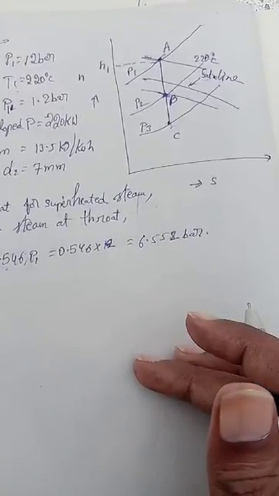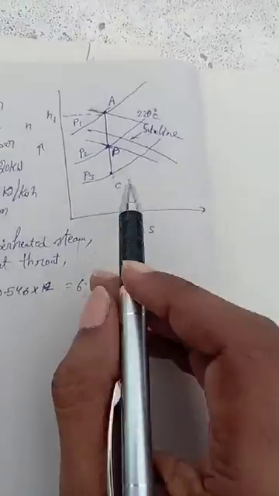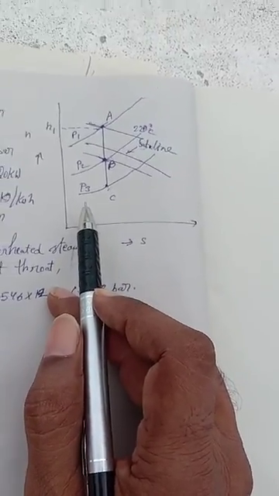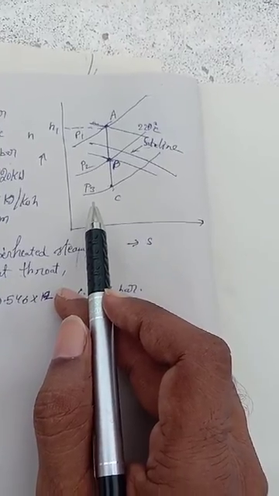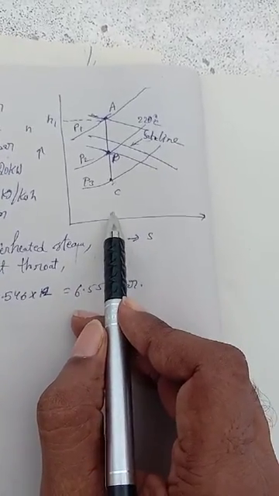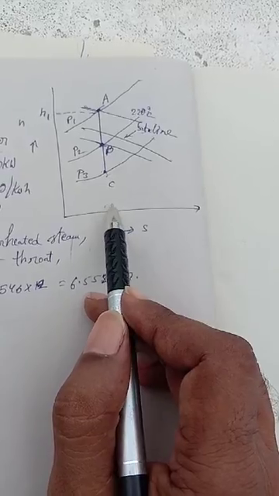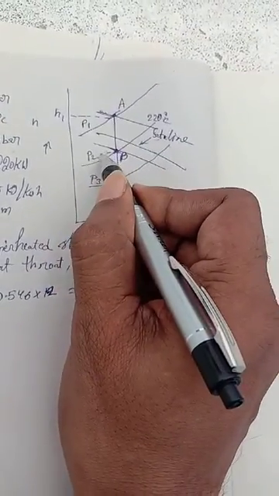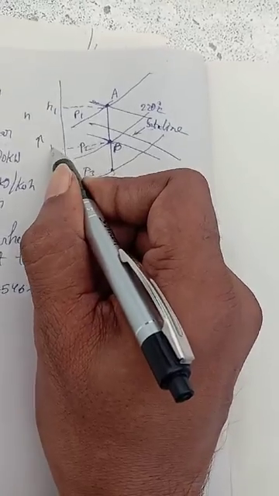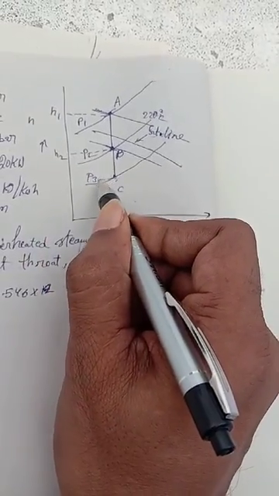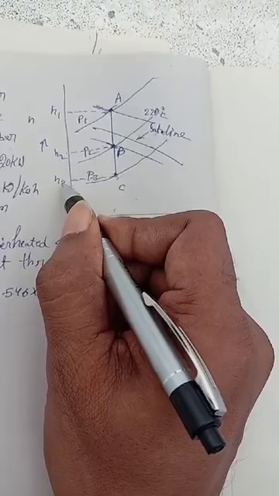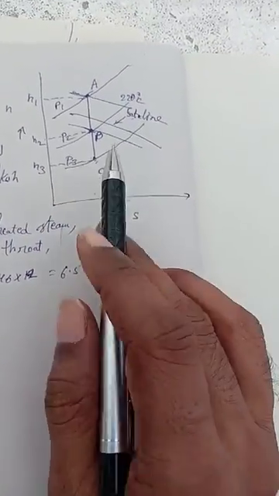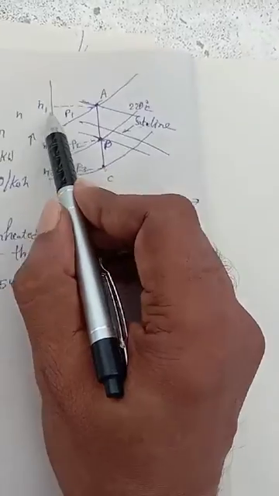This is the Mollier diagram for the expansion of steam through the nozzle, as shown in the figure. From the Mollier diagram we find the enthalpy H2 and H3.